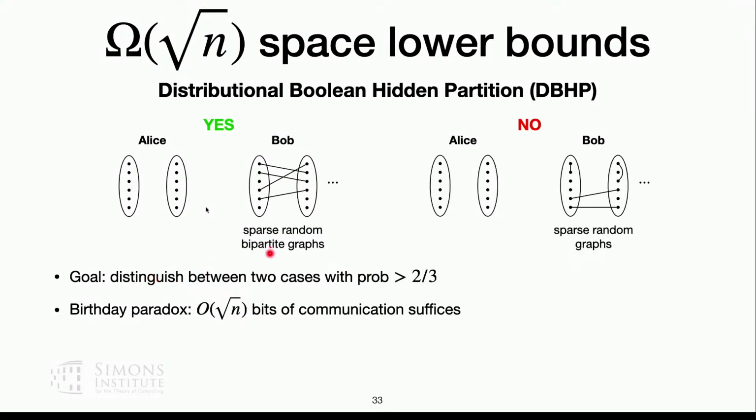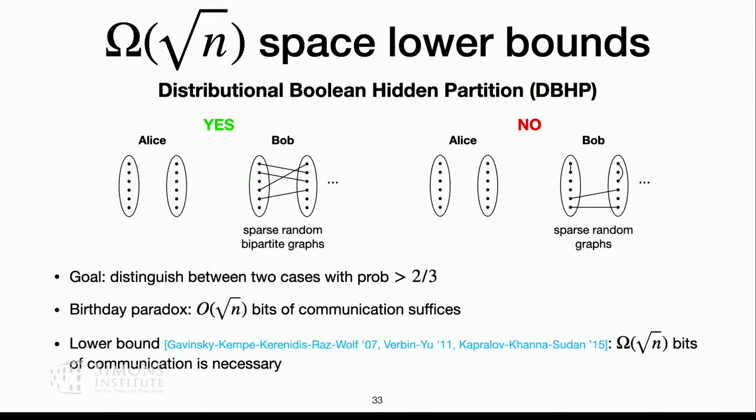So if Alice sends some square root of n random bits saying this vertex is placed in the left side or this vertex is placed in the right side, information like that, then Bob can use it to actually determine which case he's in, whether he has a sparse random bipartite graph or just a random graph. Now, it turns out that this is actually the optimal strategy, in the sense that omega square root of n bits, in fact, is necessary to distinguish between these two cases. And these works essentially show that.